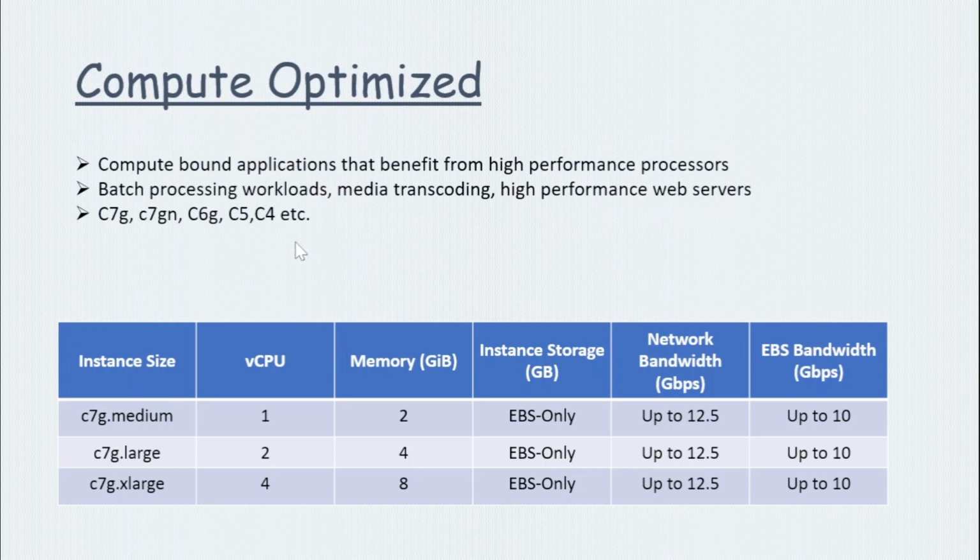They are mainly good for batch processing workloads or high performance web servers, etc. I have added some of the instance sizes here, like C7G.medium, C7G.large, and if you see, the proportion of vCPU and memory has changed as compared to general purpose. Here you can see AWS is offering 2 vCPUs and 4G memory, 4 vCPUs and 8G memory. So these are basically suited for applications which need higher compute.